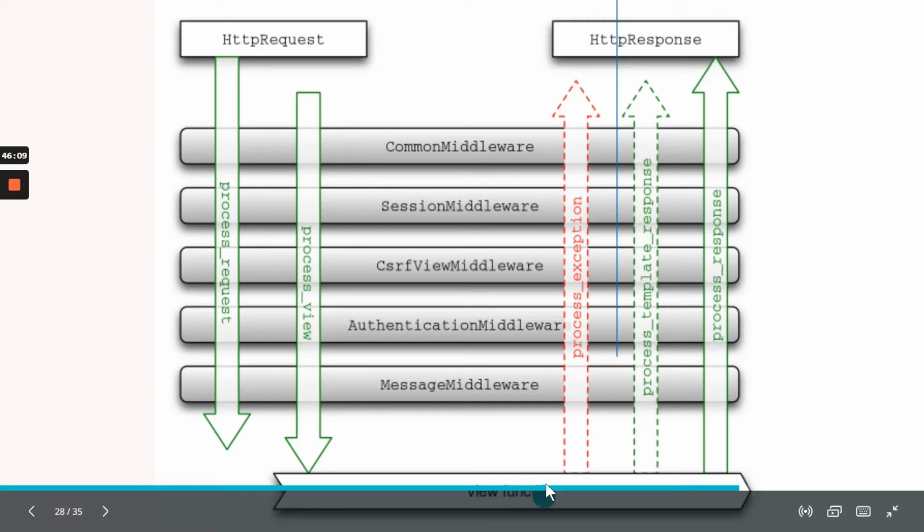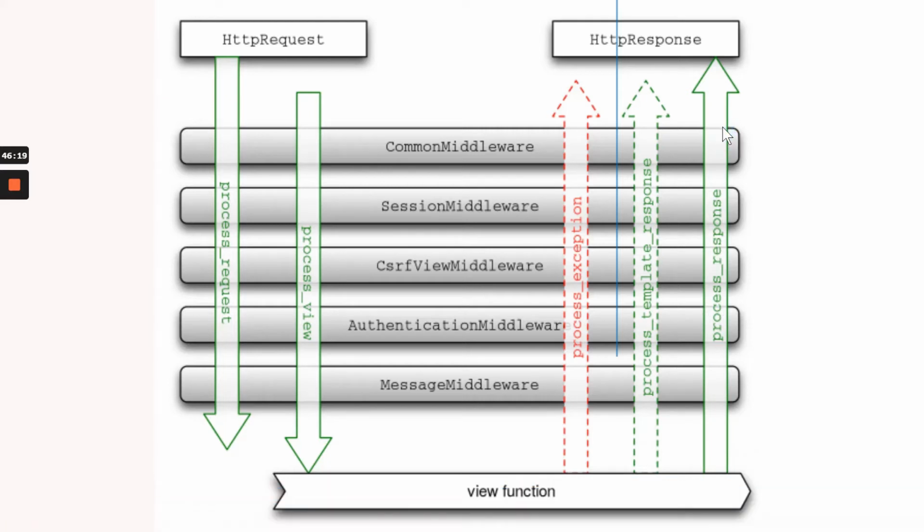Once your view function is executed, it will give you some response, and that response goes into the process response method of the middleware class. While moving from response to request cycle, it will go from bottom to top, and all these middleware should pass the get response method, so that it tells that at this part of the middleware it is working fine and you are able to move to the next part.